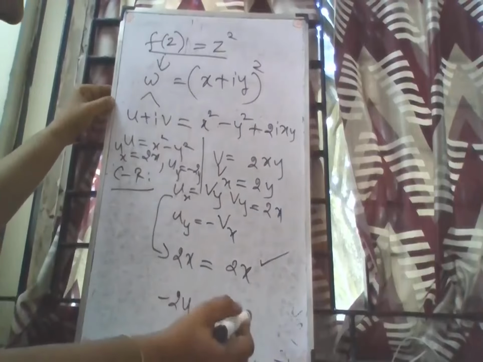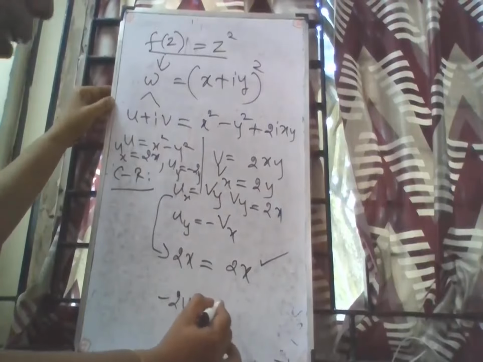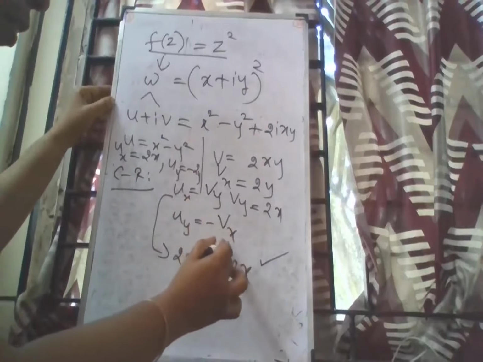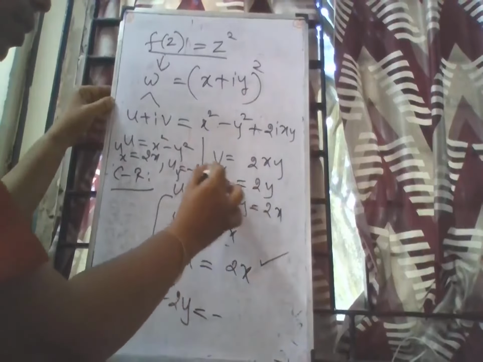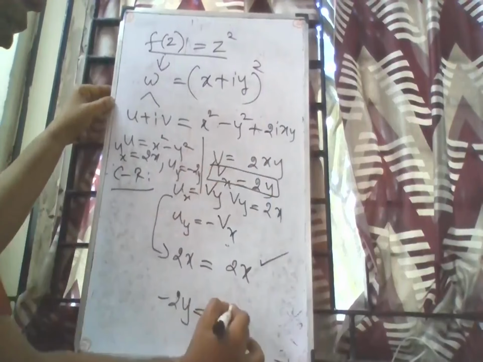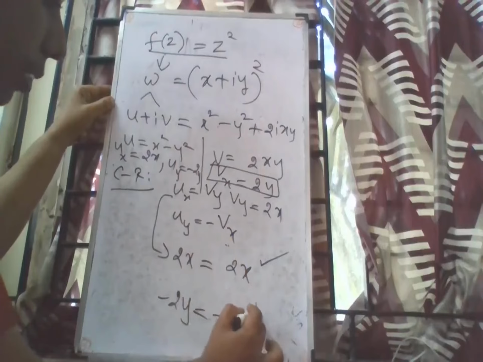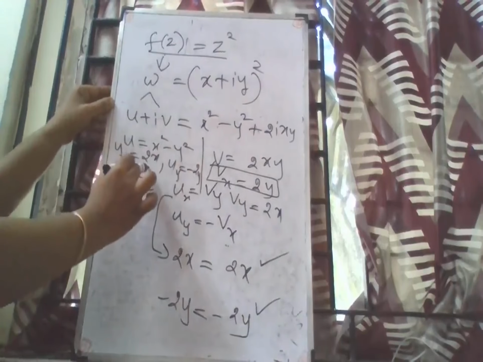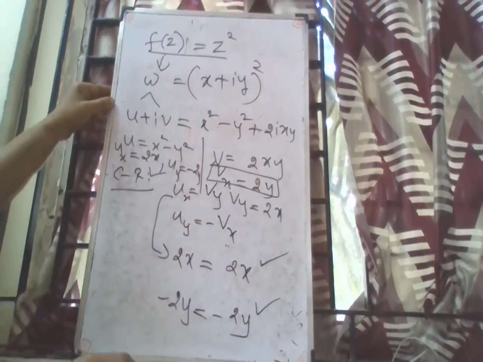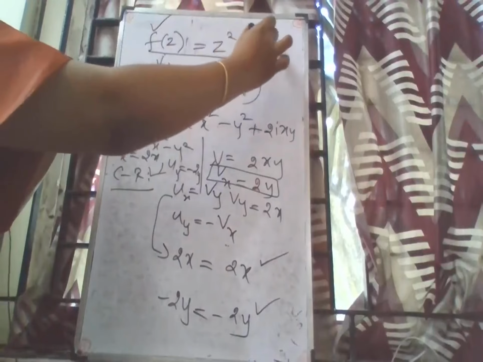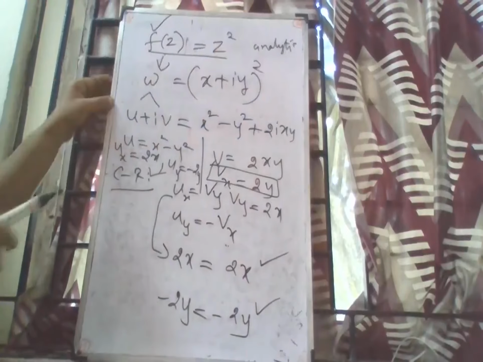What is minus of vx here? vx is 2y, so minus 2y. So both conditions are satisfied. The CR equation is satisfied, verified. So if the CR equation is satisfied, then obviously I can say f of z is analytic.